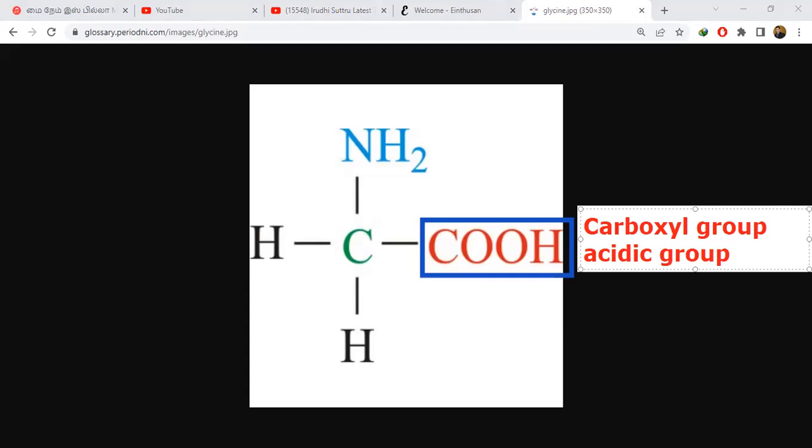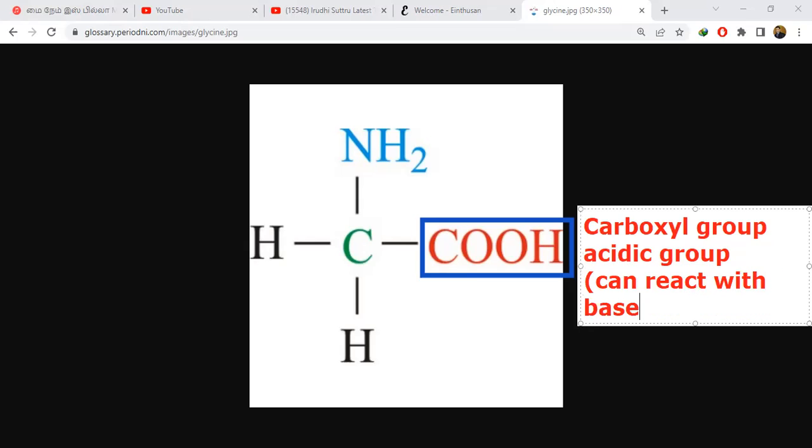Understood? Because it is an acidic group, it can react with whom? Base. It can react with base.